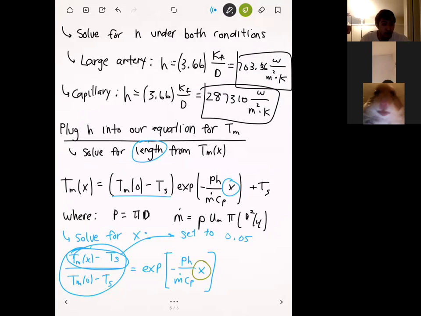Okay. So any questions so far on this example? And so if we set that equal to 0.05, this is equal to exponential of minus pH over m dot Cp times x, okay?